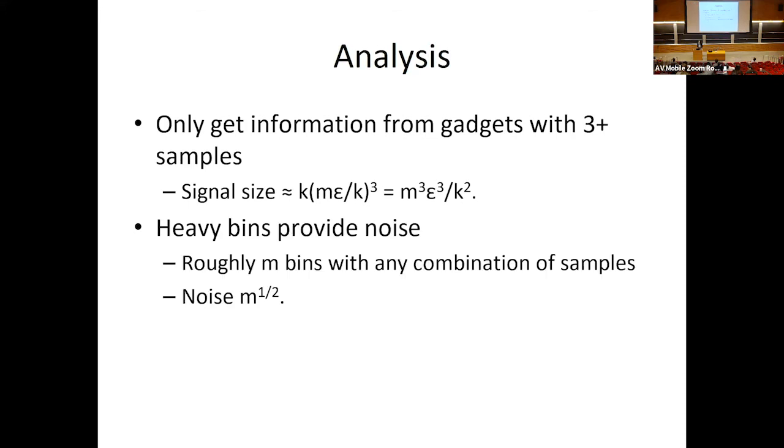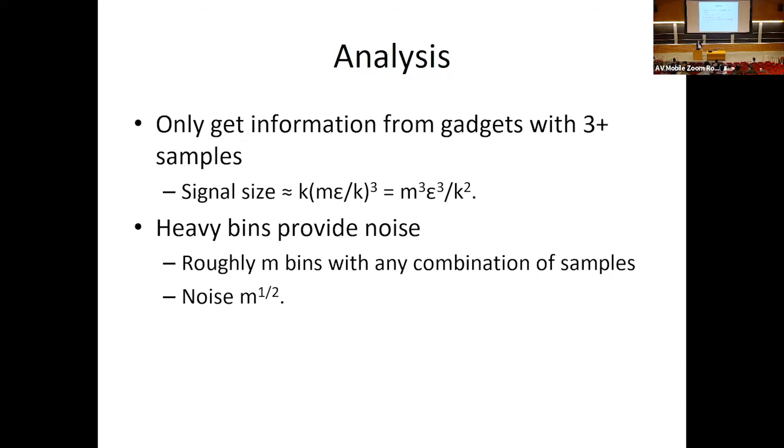On the other hand, these heavy bins provide noise. There are m heavy bins, and basically each bin is reasonably likely to have any constant number of samples coming in them in any combination. So for any combination of 3 P's and Q's that you might see, these heavy bins are going to provide m plus or minus square root m many copies of that pattern.